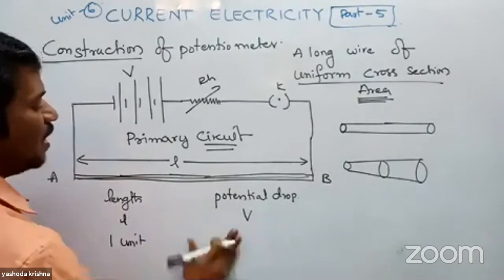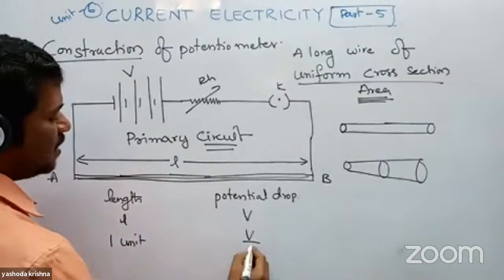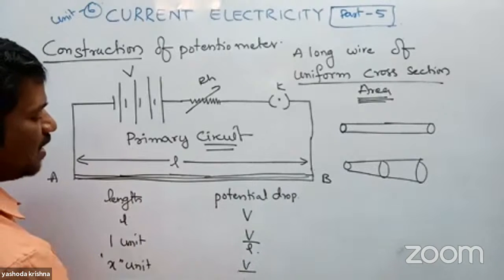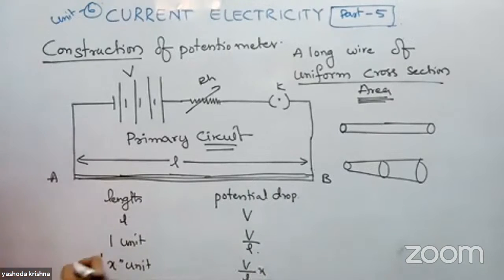V by L. For x units, how much potential drop? V by L into x.